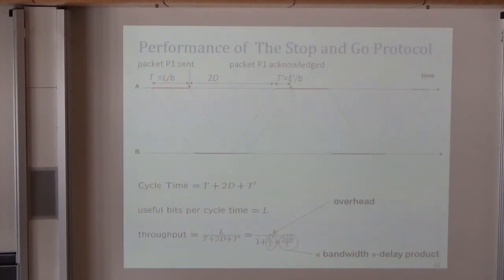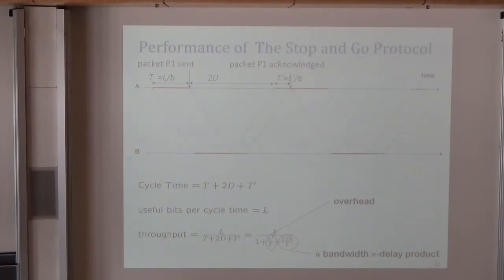So I have A sending a packet to B, and when B receives the packet, it's supposed to send an acknowledgement, which is the green line. So it sends a short packet in the reverse direction. When A receives the green packet, A is happy, it knows that B has received the stuff, and it continues sending. This protocol is sometimes called stop and go, stop and wait.